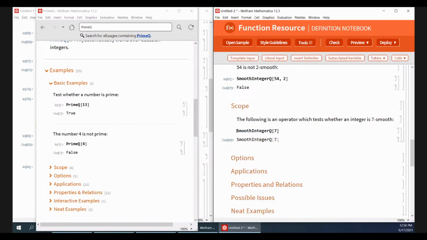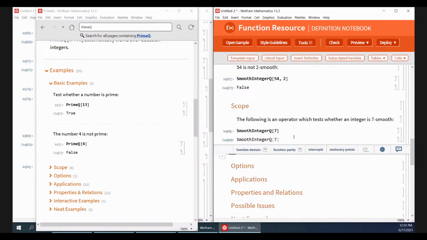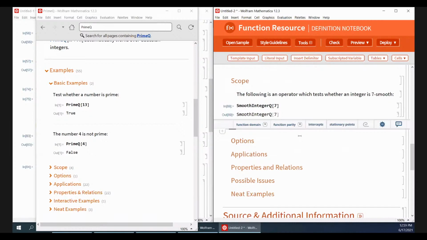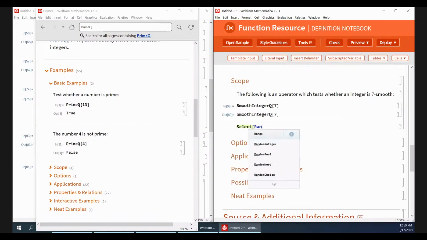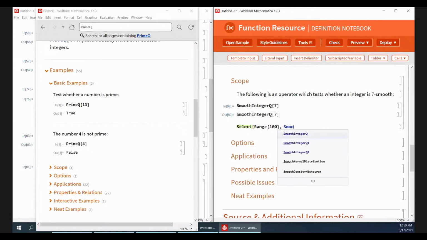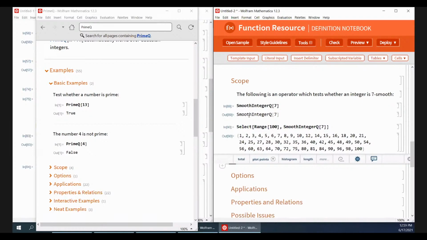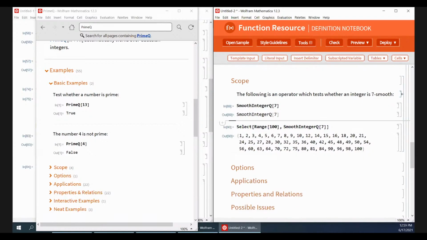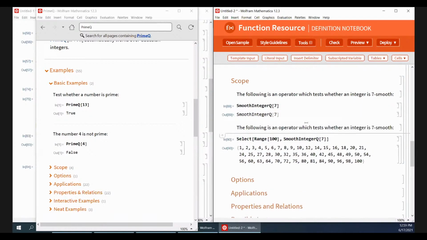Under scope, that might also be a good place to say the input need not be a small integer and just give some very large ones. If you had made this listable with respect to either or both inputs, this would be the place to show it under scope. Not saying you have to or should do that, just if you had.